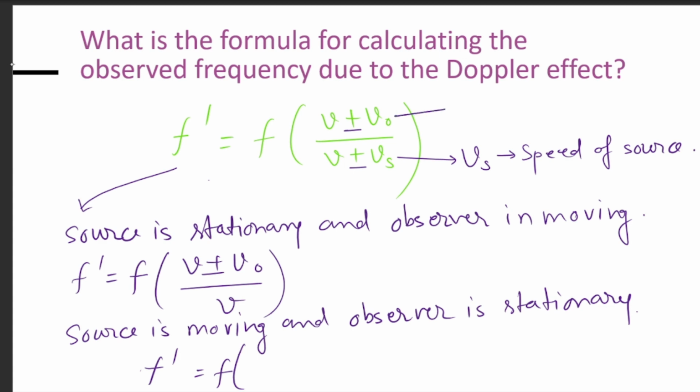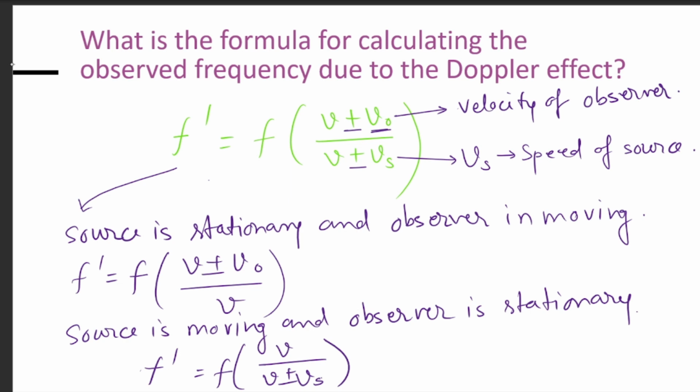Now v naught here is the velocity or speed of the observer. Sometimes we say v0 also, but technically it's read as v naught. So f dash is equal to f times v divided by (v plus minus v s).